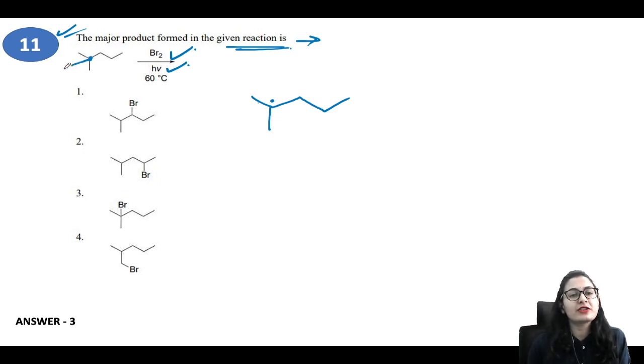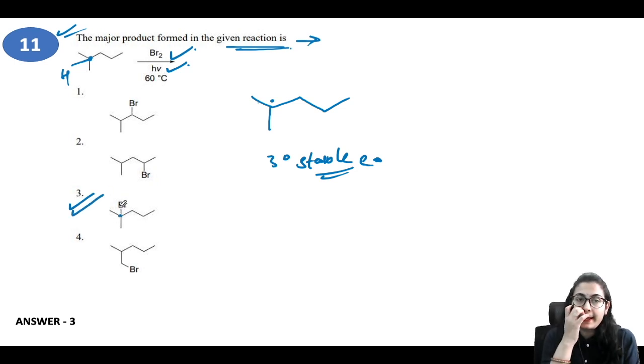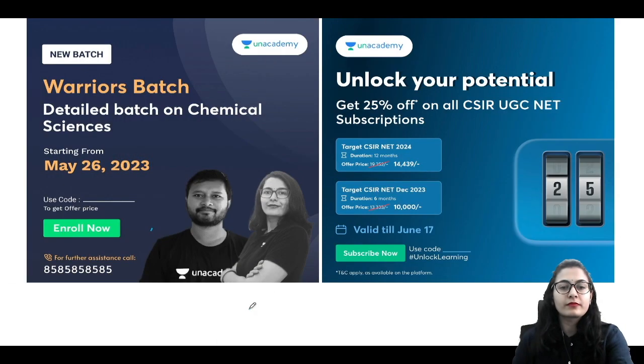A carbon-hydrogen bond breaks homolytically and gives you this tertiary, 3-degree stable radical, and then the Br radical is going to attach to it. So that's it, very simple, and you are supposed to form this compound.